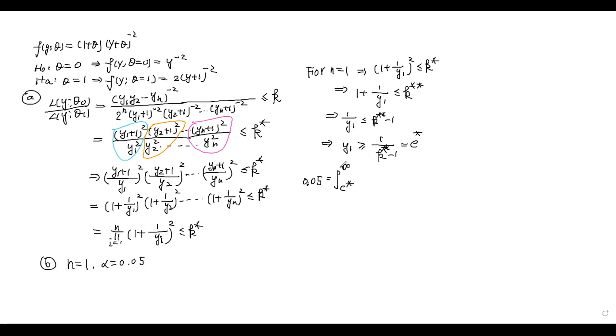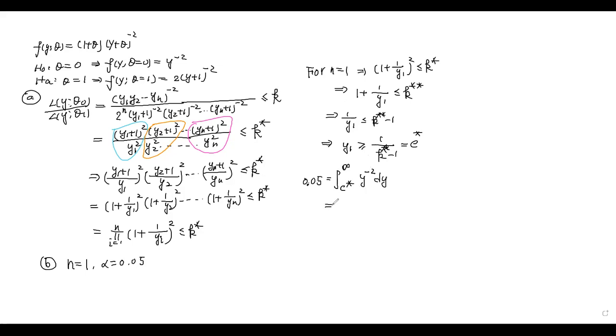Under the null hypothesis, it's y to the negative 2 power dy. So this becomes a very simple integration.